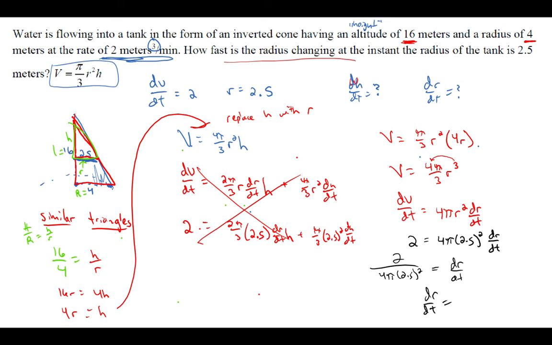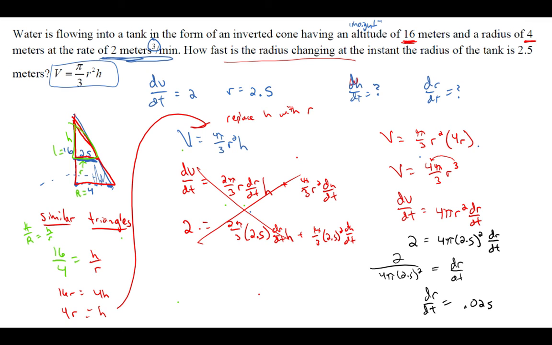And I believe you'll get 0.025. Let's double check that. Yep, 0.0254, which is around 0.025.